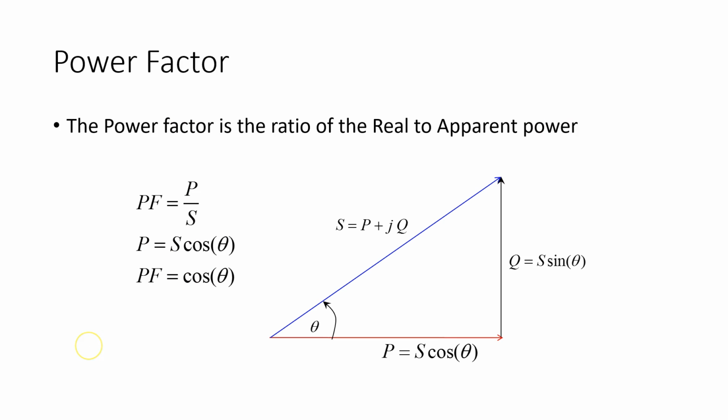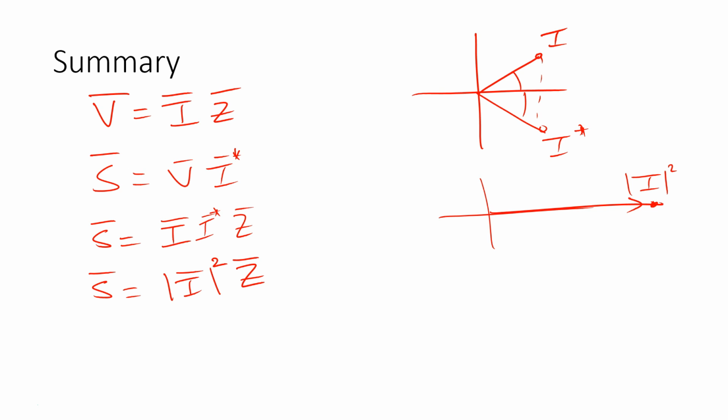Similarly, if I work it out with V, I substitute for I and I will have V on Z, so I will get V multiplied by V on Z conjugate.